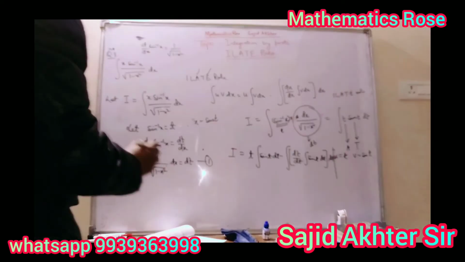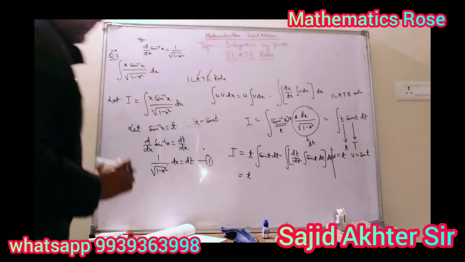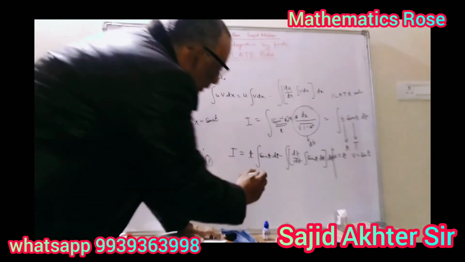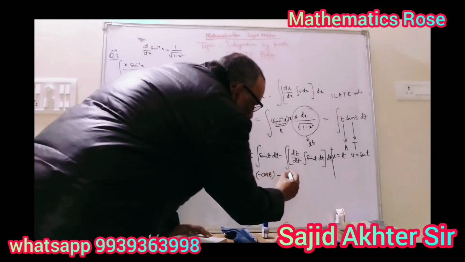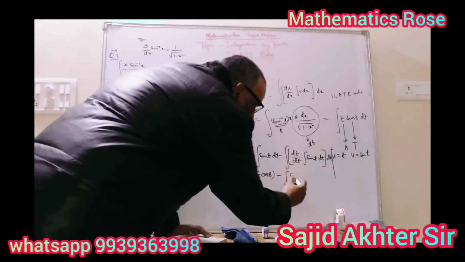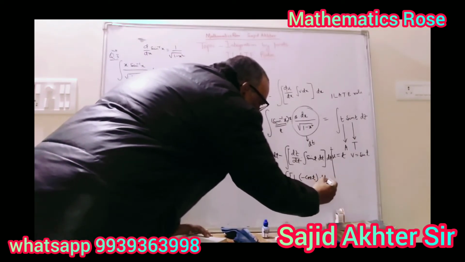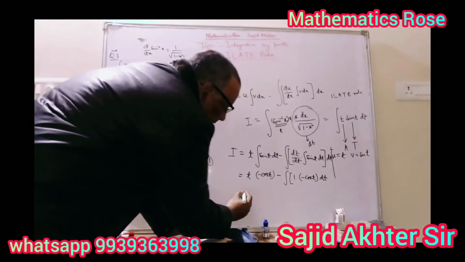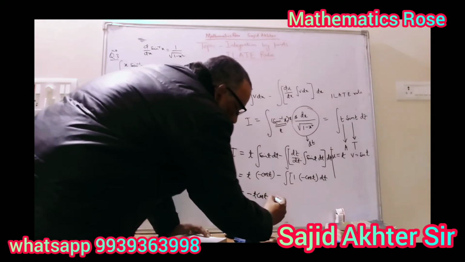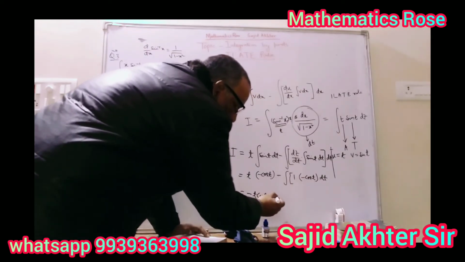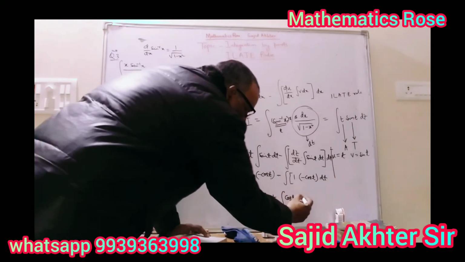So now here differentiation of sin t, integration of sin t is equal to minus cos t. So here we can write minus cos t, and then differentiation of t with respect to t is 1, and this is minus cos t, then dt. Now here minus t cos t, and this minus will multiply, it becomes plus integration of cos t dt.